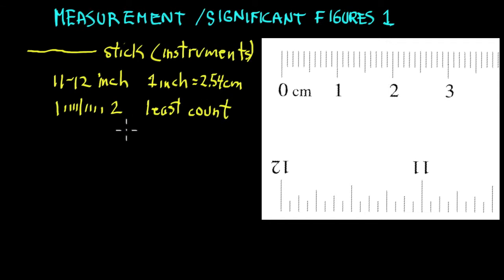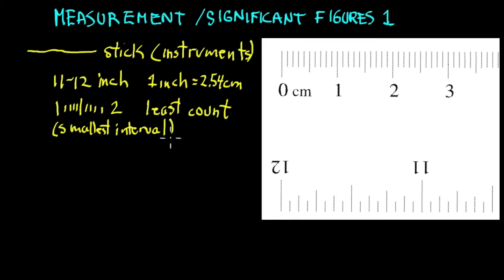Least count is the smallest measured interval. So the smaller the interval, the greater the precision, and again the greater the expense. Least count is also a measure of what we call our degree of uncertainty, how well we can measure.